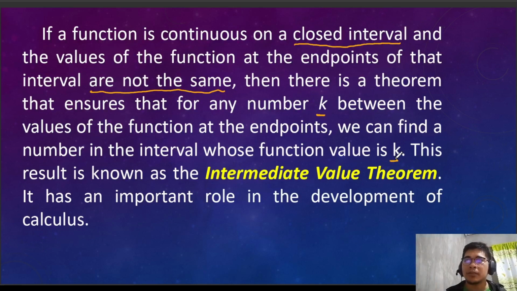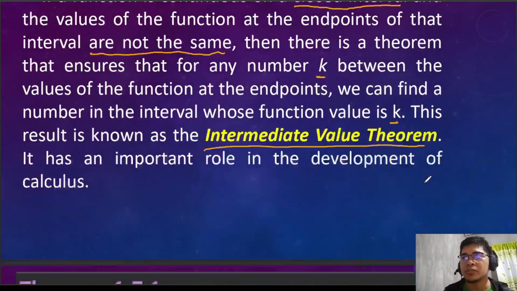There is a theorem, which is what we call the intermediate value theorem or IVT. And this intermediate value theorem is very important. It has an important role in the development of calculus.